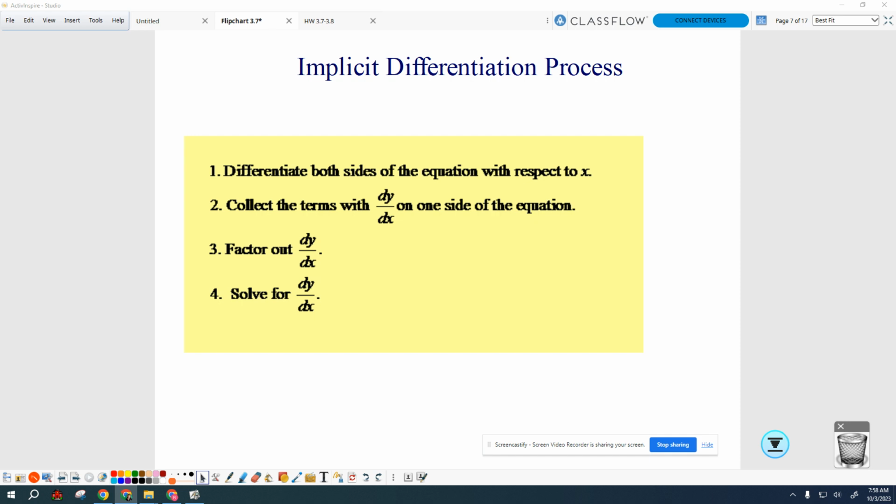So do the derivative of everything with respect to x, and then it's algebra. Move all dy dx's to one side, and everybody else on the other side, factor out that dy dx, and then solve.